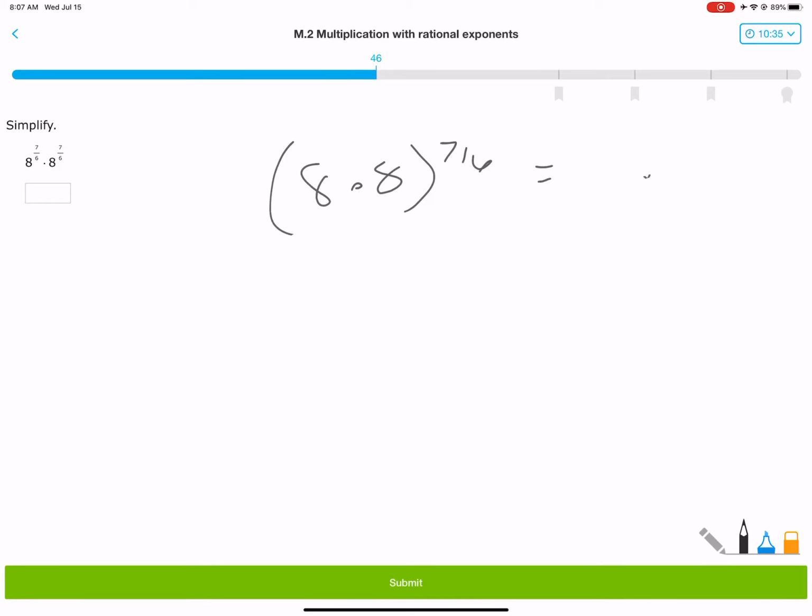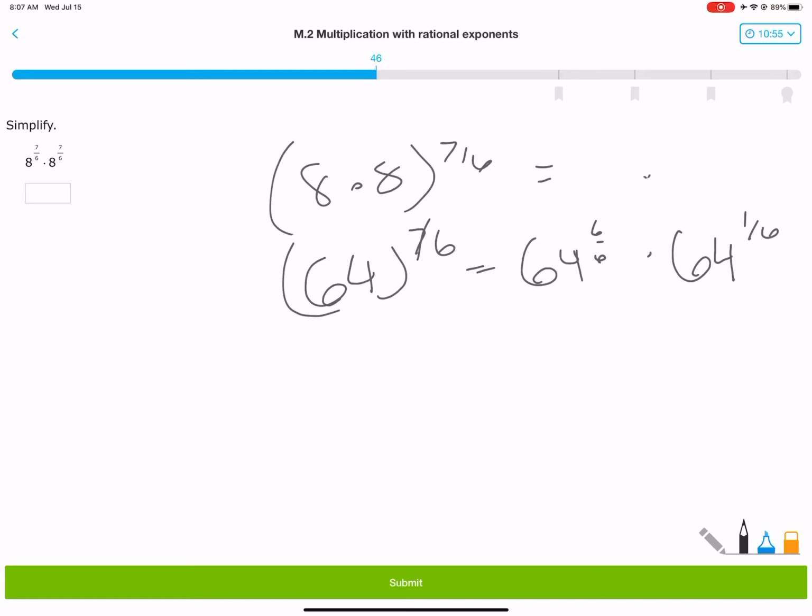Could rewrite it as, well, let's first write it as 64 to the 7/6, okay? And then I can simplify it as 64 to the 6/6 times 64 to the 1/6 power, okay? 6/6 power is the same thing as 1, so 64 to the first power is just 64 times the 6th root of 64.